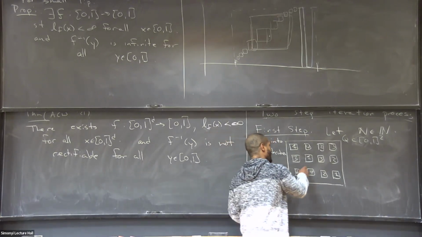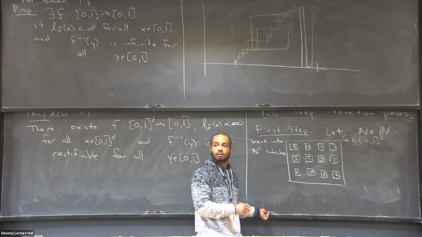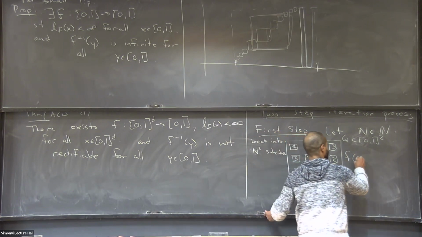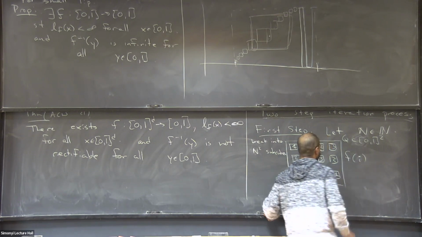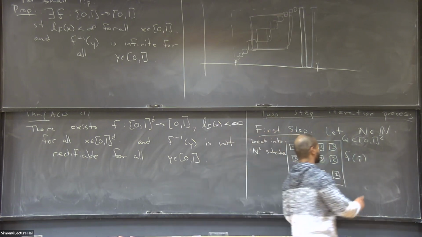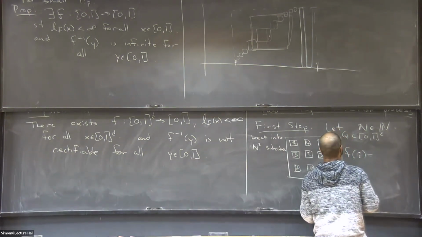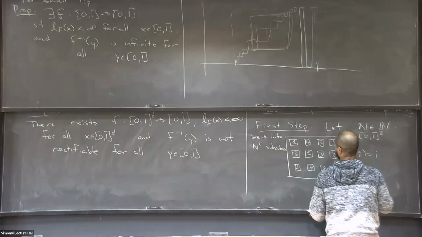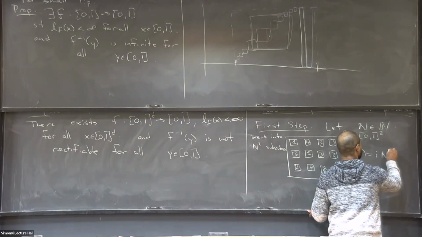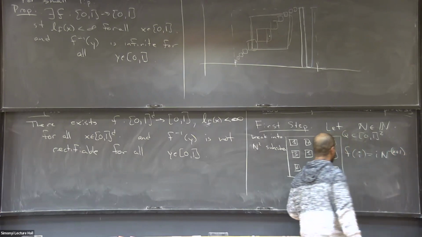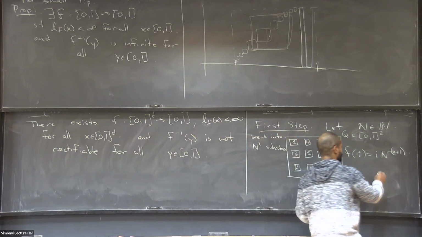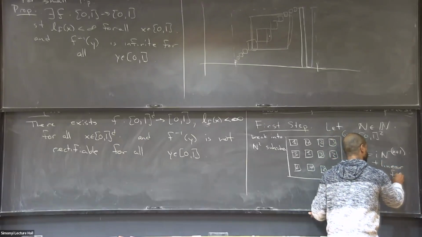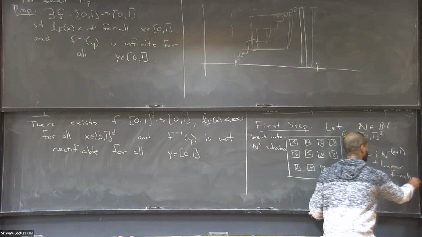And then we map F to different heights based on the number. Okay, so we say F of Q sub i is going to be mapped to something like i times n to the minus k plus 1 or something like this, plus some affine function.